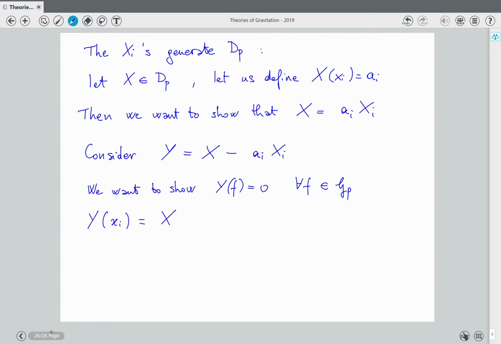So that is capital X on xi minus, let's call the repeated indices. The repeated indices are summed, and the summation is understood, so we can change the names of those.